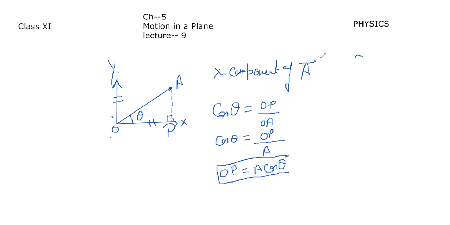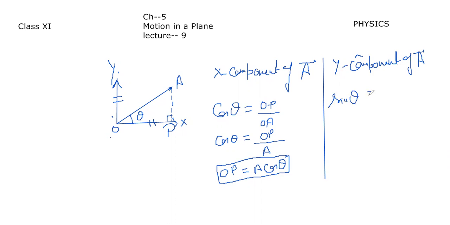So OP is A cos theta, and in the same manner, the Y component of A: sine theta equals AP, perpendicular, upon hypotenuse.